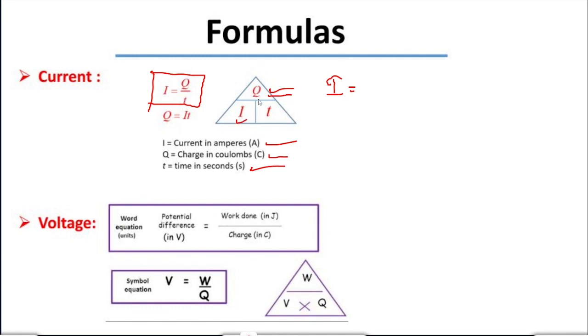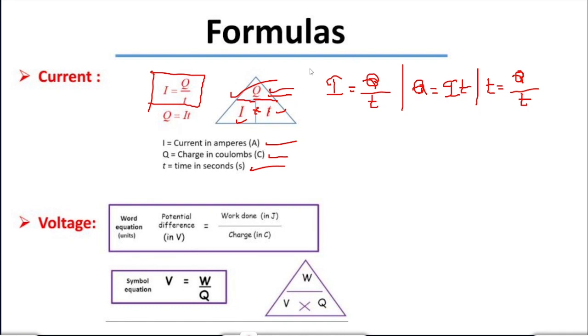I is equal to Q by T. I can also write Q is equal to I into T. And T is equal to Q by I. So from this single triangle, we can write all these three formulas.